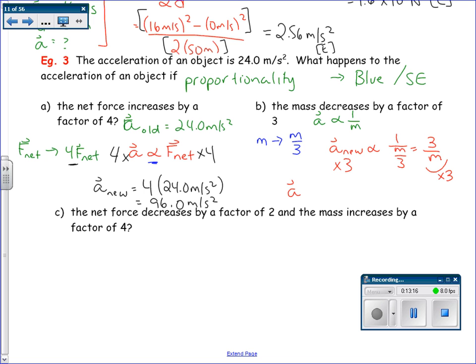So my new acceleration, because I'm making my mass 1/3 smaller, becomes 3 times bigger, because it's easier to accelerate the mass given the same net force here. So I have 3 times 24.0 meters per second squared, which will give me 72.0 meters per second squared. So I was doing that without looking at my notes.